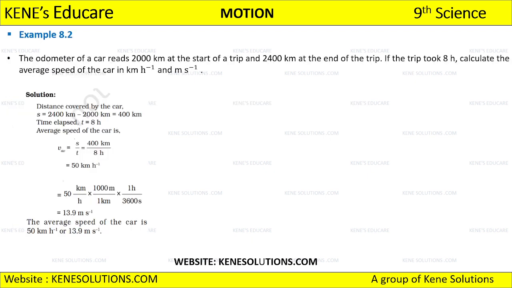After this activity 8.5, we discussed example 8.2 as well.